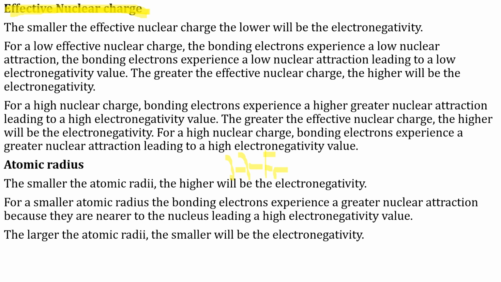Since fluorine has the smallest atomic radius, we expect it to have a very high effective nuclear charge. That means it is going to attract these bonding electrons towards itself more strongly compared to something like hydrogen bromide. That's if you are considering down the group. I hope that has been understood.